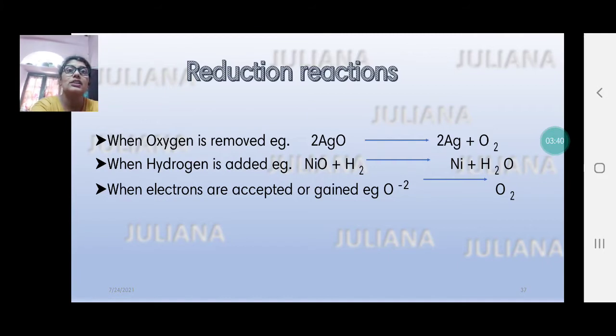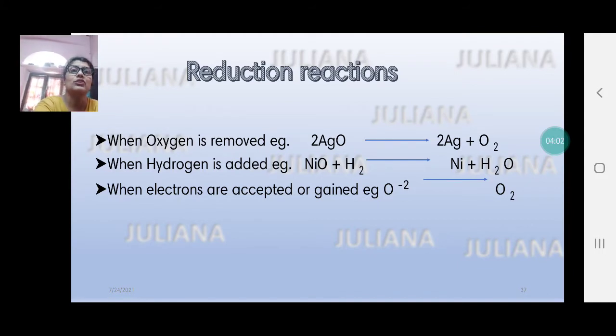Let us see, hydrogen is being added to oxygen, so that becomes reduction, and oxygen in turn is being added to hydrogen, so hydrogen is being oxidized. So actually here hydrogen is being added to oxygen to give us water, so that is a reduction reaction.